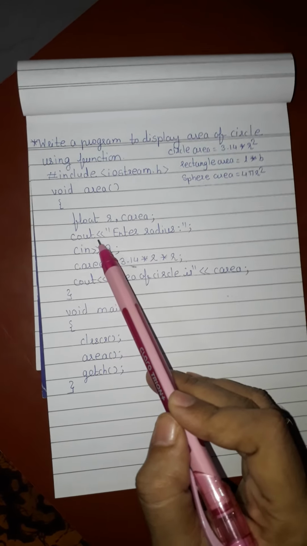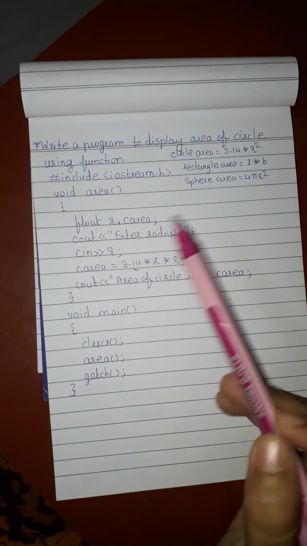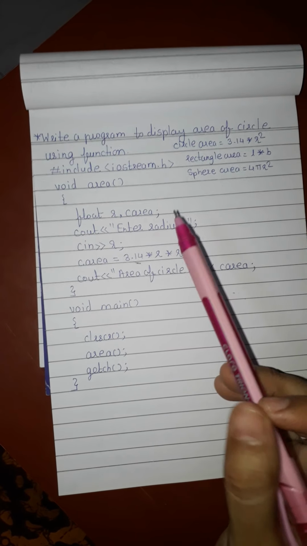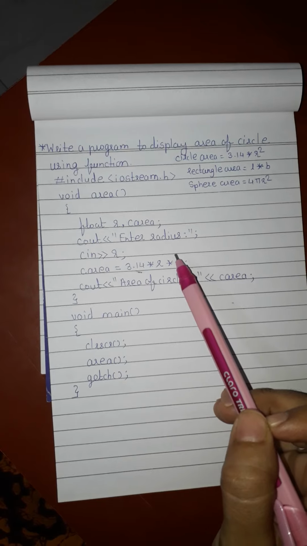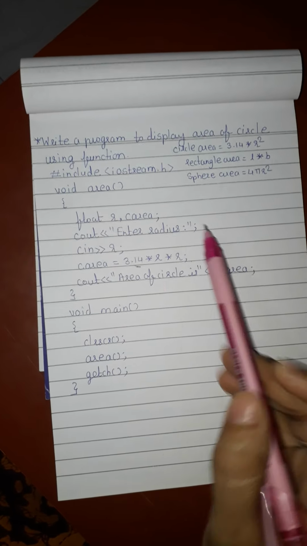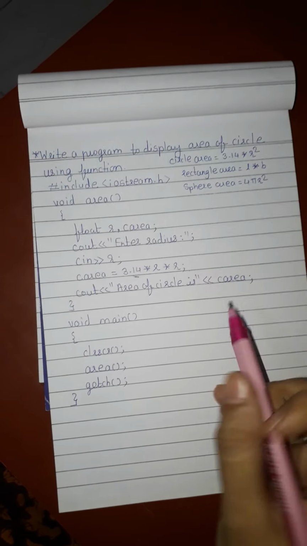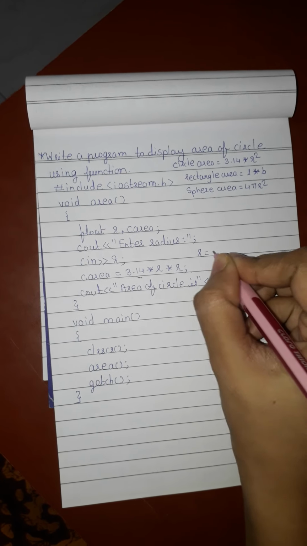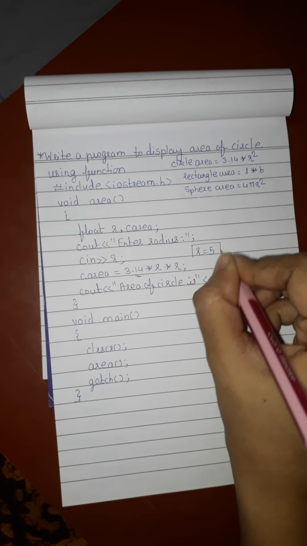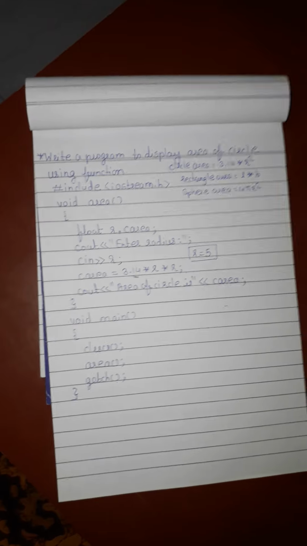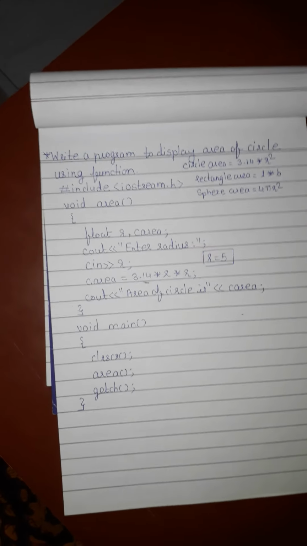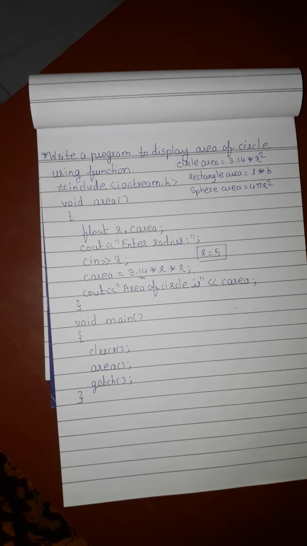The first line is cout, enter radius. So we are prompting the user to enter the radius by sending this message. After this message is displayed, the user will enter some value. For the current purpose, suppose I am taking the value of radius as 5. The user has entered the value as 5. Then I have written one calculation, that is c area equal to 3.14 into r square.